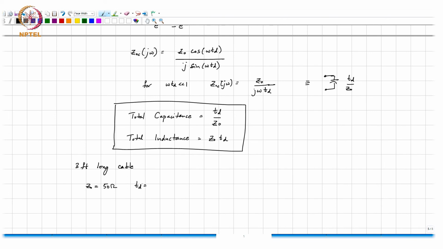Okay. Well, 3 feet is approximately a meter. Right? So, that is 1 meter divided by the velocity of light, right? And even if you didn't know the velocity of light in the medium, you know that it's going to be slower than 3 into 10 power 8.